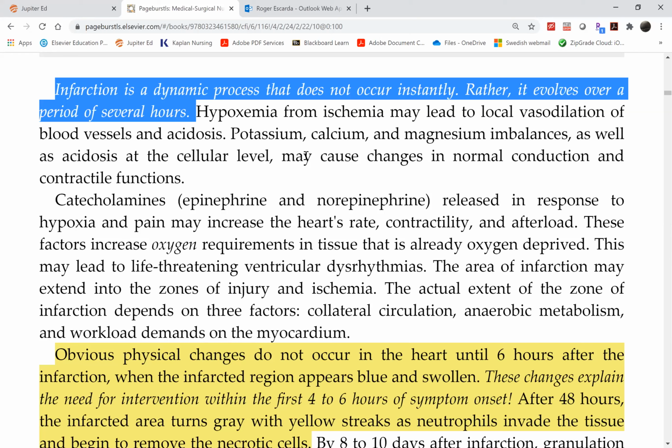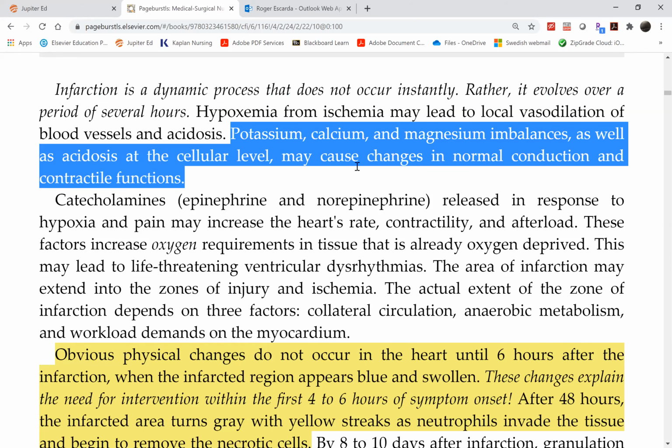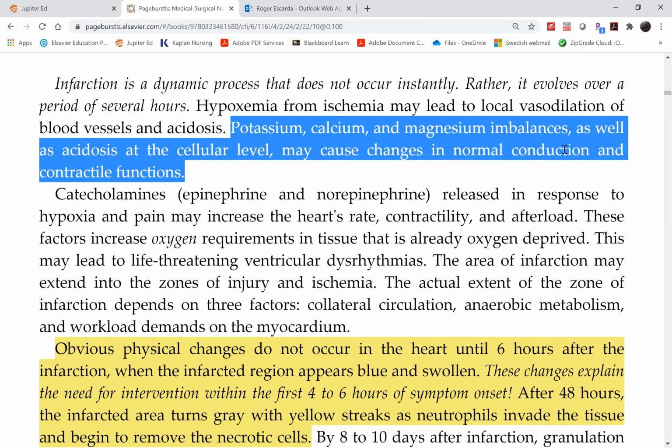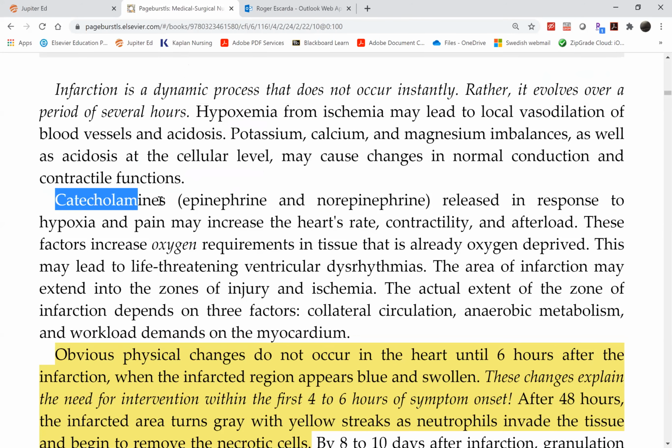So the patient here, as a result, will have these problems. There'll be electrolyte imbalances which do not help with the injured heart. And of course, the decreased cardiac output that results here wouldn't help because it will trigger catecholamine release.